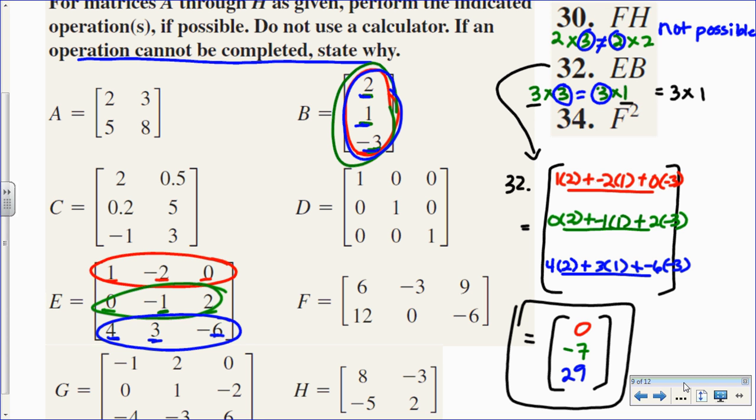Okay, there's my answer. Questions about that?